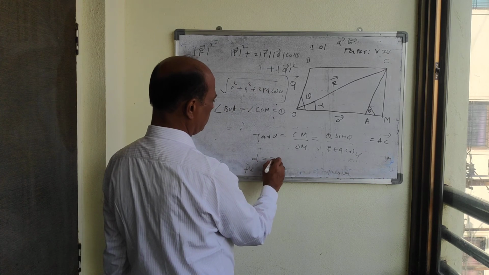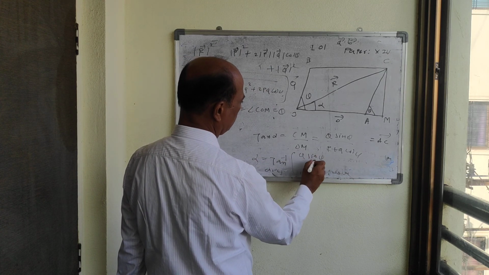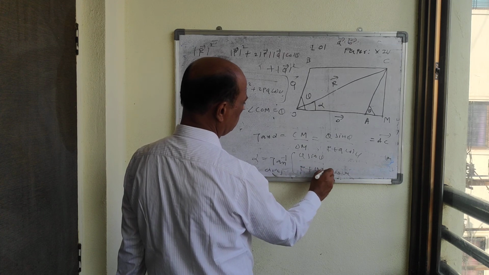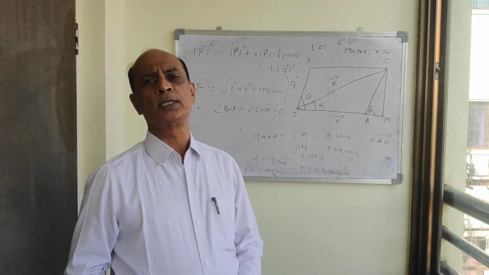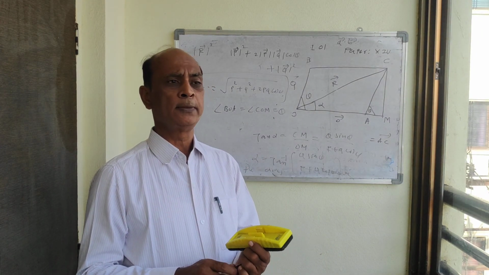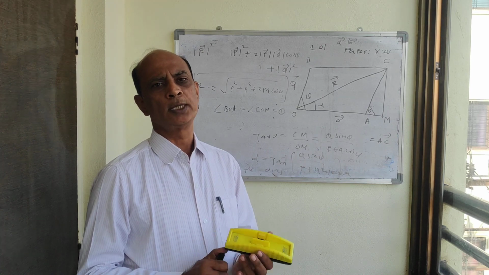Therefore alpha is equal to tan inverse of Q sin theta upon P plus Q cos theta. So this is the direction of the resultant of these two forces acting at a point in a rigid body. So here we stop.